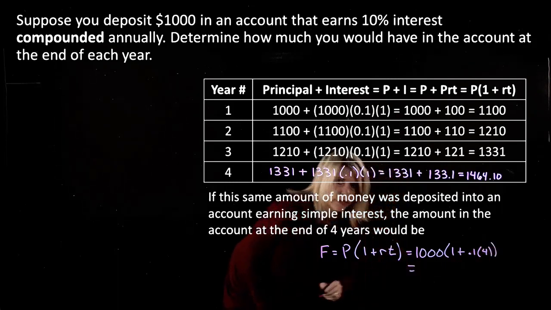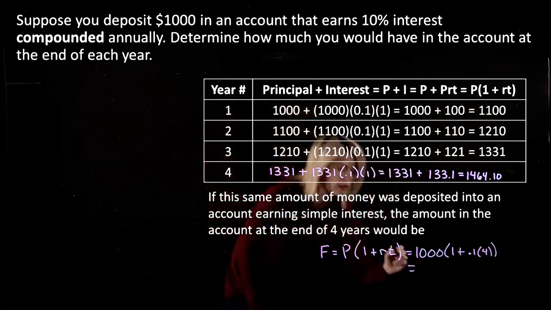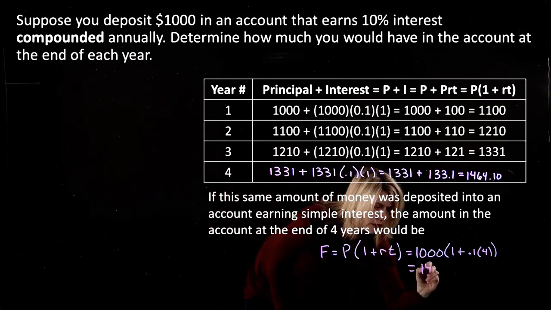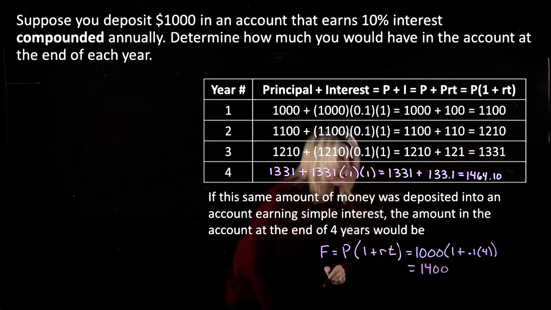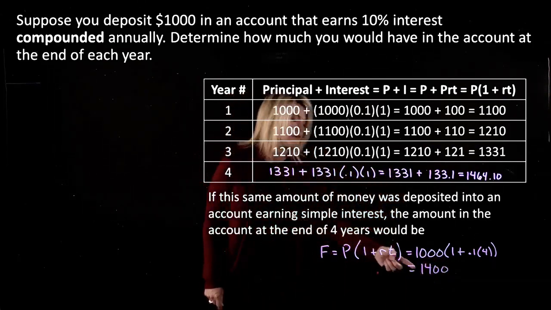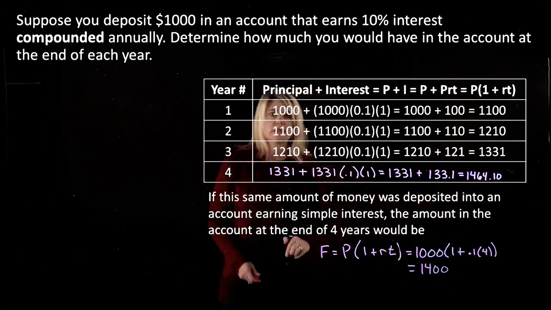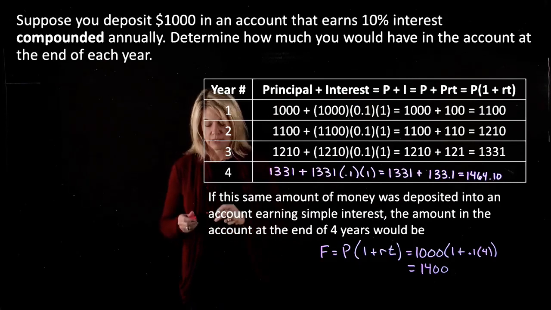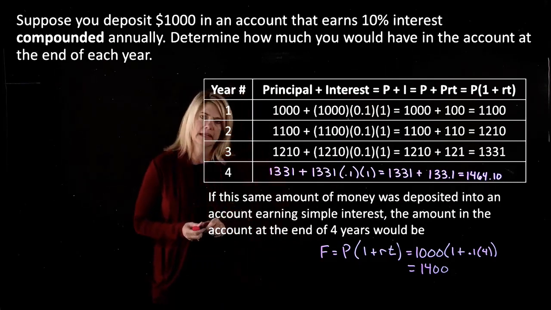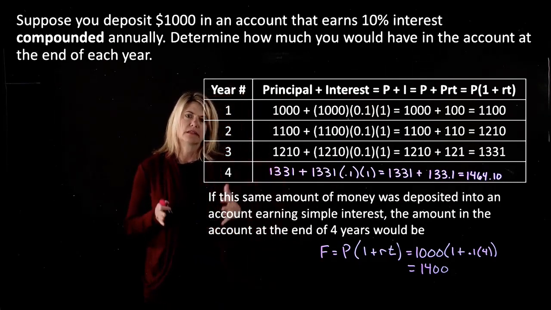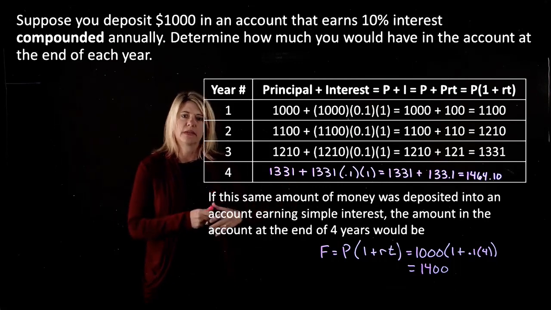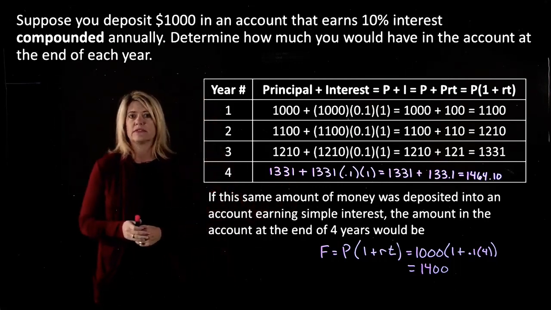When I compute this, we get $1,400. So here's the simple interest, here's the compound interest. Using compound interest, we would earn $64.10 more because we used compound interest instead of simple interest.